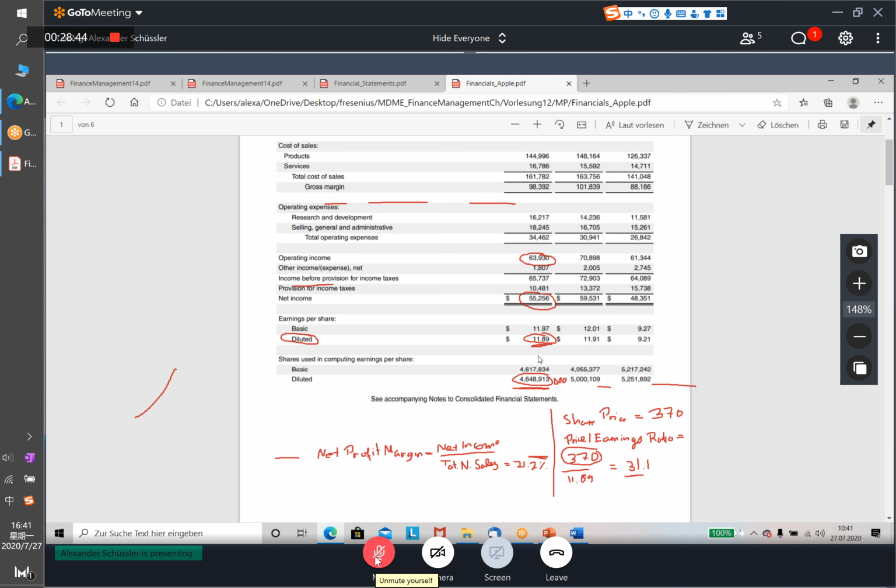But unfortunately, Apple is not that cheap, because the expectations of the investors are relatively high, so you only get it relatively expensive. You cannot buy it really cheap.